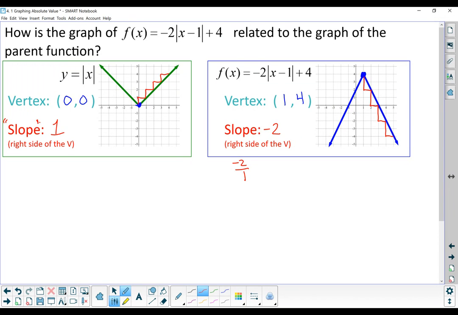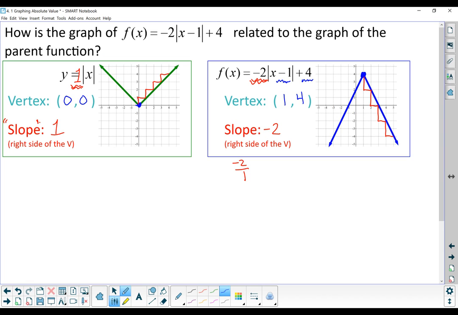So if you look at these two graphs, you can kind of see evidence that the slope is part of the equation. So we have our slope that comes sort of in front of that absolute value symbol. And then our vertex is also encoded in the equation. Our vertex uses these two numbers.